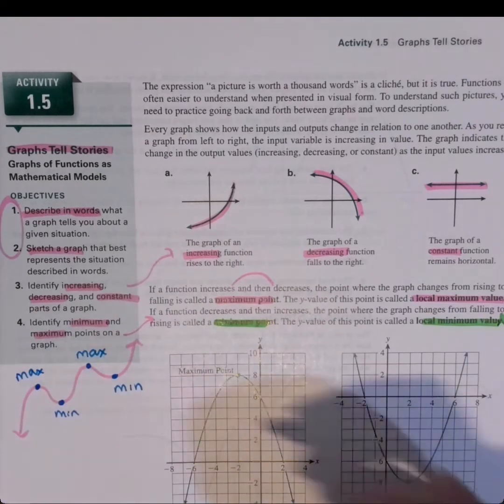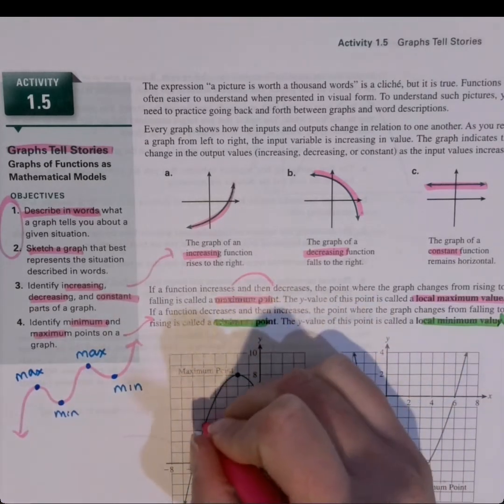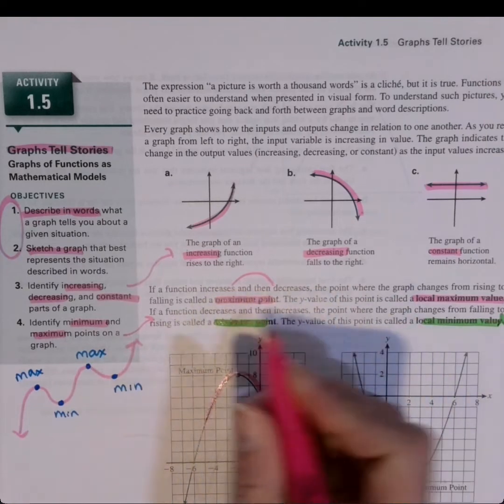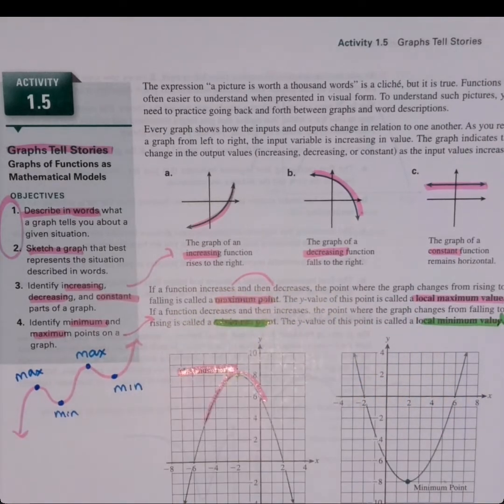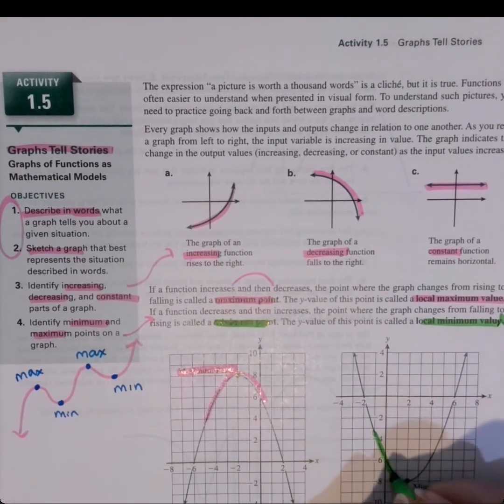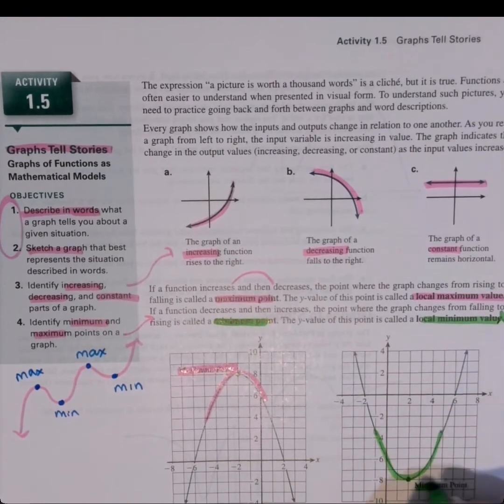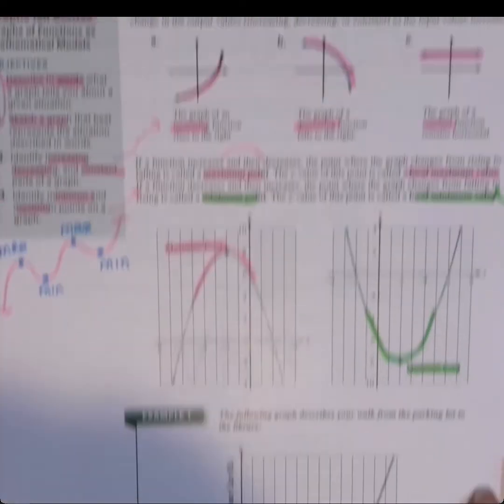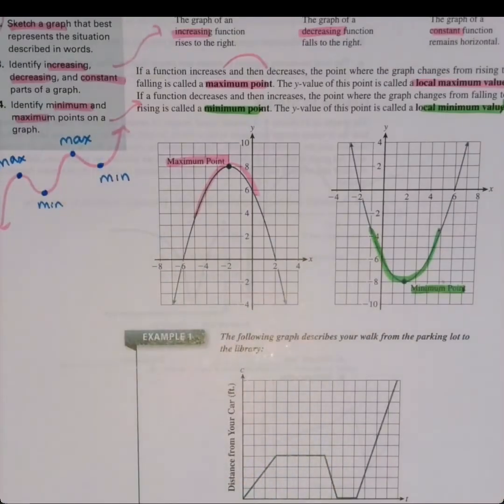So in this picture, again, this graph is changing from increasing to decreasing, so you can see it's a picture of a maximum point. And this graph here is changing from decreasing to increasing, so it's a picture of a minimum point. All right, so objectives 3 and 4 are taken care of. Now we'll go into describing what's happening in words here.